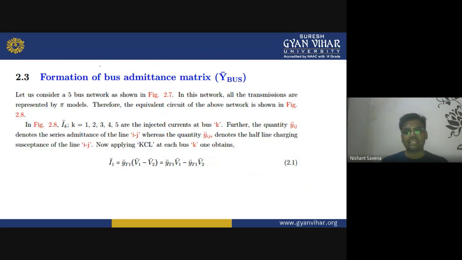Now, if we apply KCL at the node K, we obtain equation 2.1. It states that I1 is equal to Y bar T1 into (V1 minus V2), the difference between bus 1 and 2, and Y bar T1 into V1.